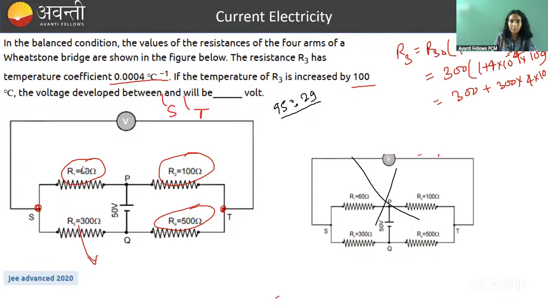Delta T is how much? 100. So this will be equal to 300 plus 300 into 4 into 10 to the power minus 4 into 100, and this will give us 300 plus 12, and that is 312 ohm. ठीक है? So new resistance here is 312 ohm.